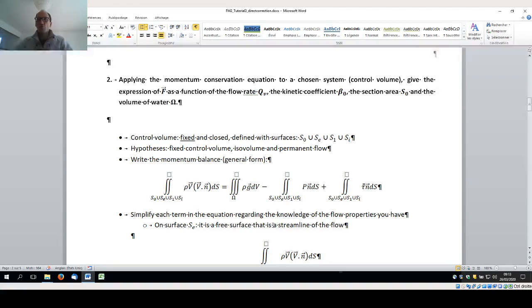So if it's a streamline of the flow, maybe we can try to do something like this.